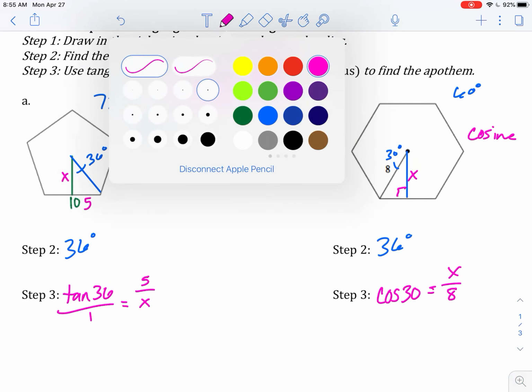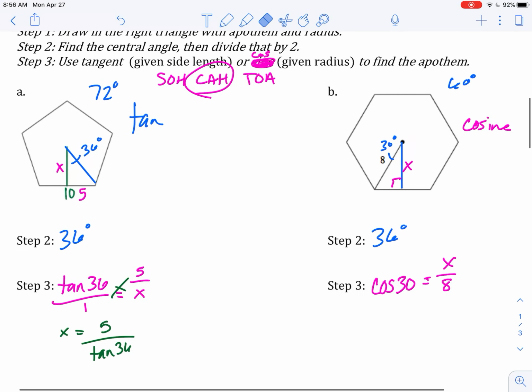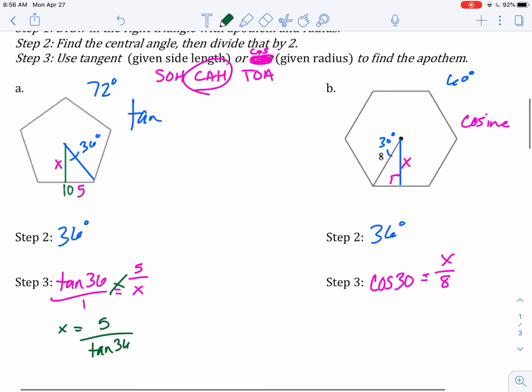So let's find our apothems. So the tangent of 36 is opposite over adjacent, and the cosine of 30 is adjacent over hypotenuse. And then we just solve for x.